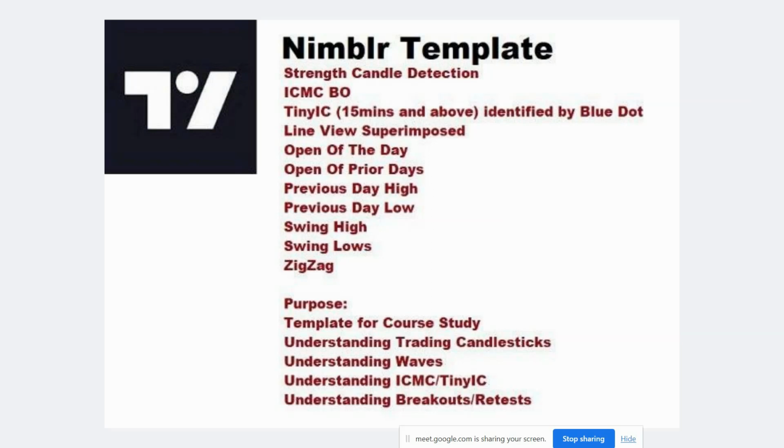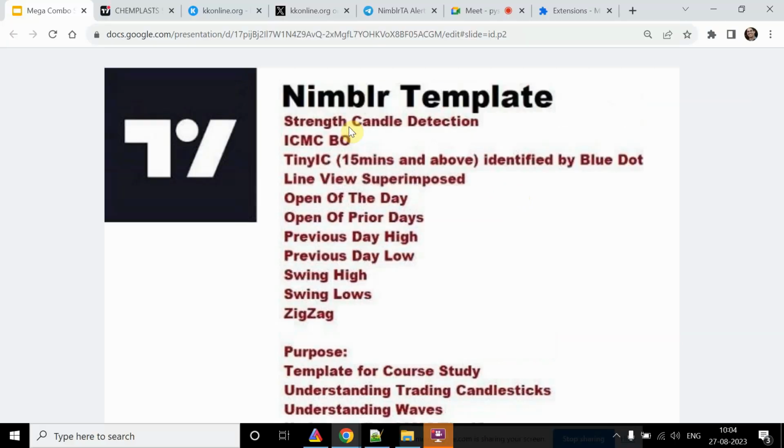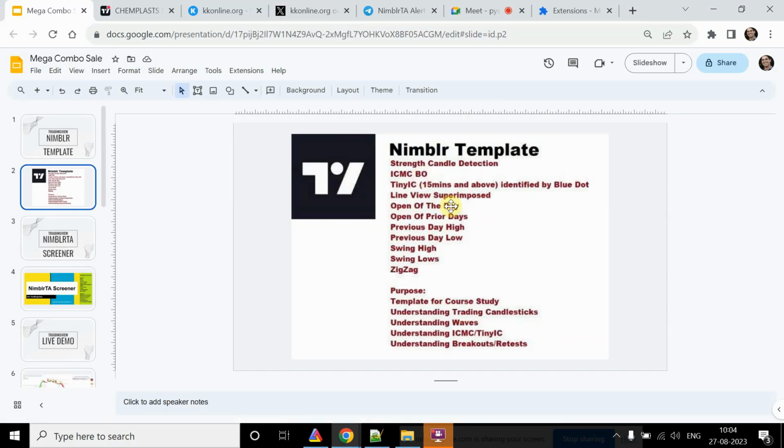Then we have the TinyICs, which are available on 15 minutes and above intentionally, because on a lower time frame they could be a little bit more disturbing since there could be multiple tiny ICs on each candle. So it becomes easier and more fruitful when we have these tiny ICs available on 15 minutes and onwards.